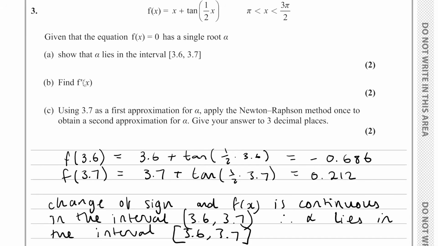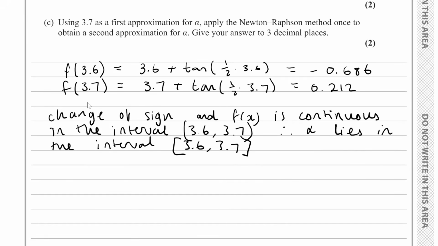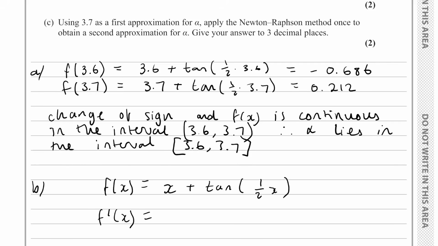Part B, find f dash x, f prime x, the differentiator. So we've got f of x is x plus tan half x. We need to differentiate. So we differentiate x, that goes to 1.